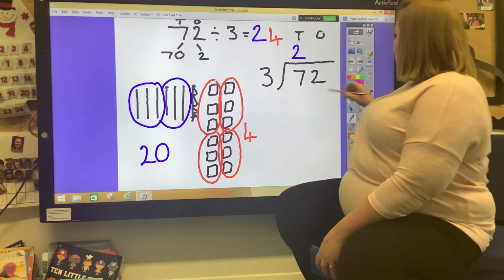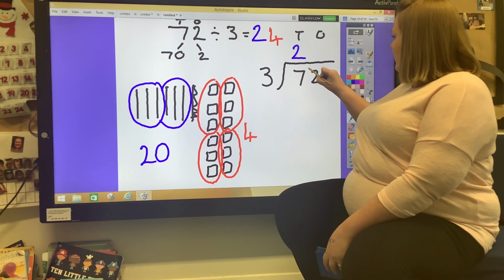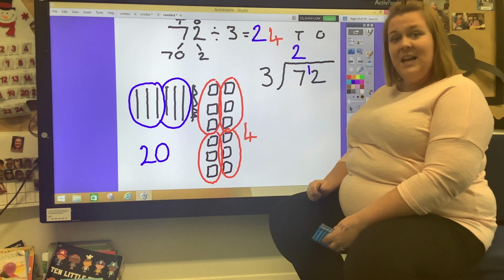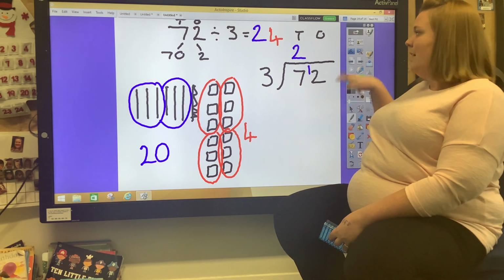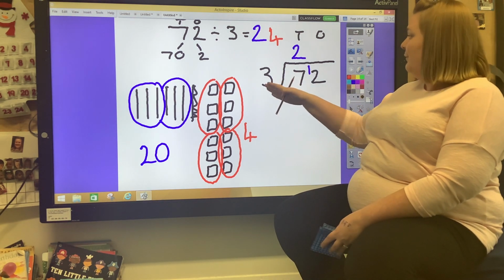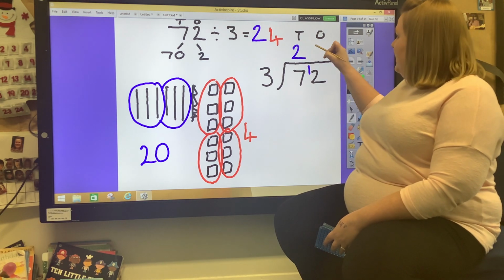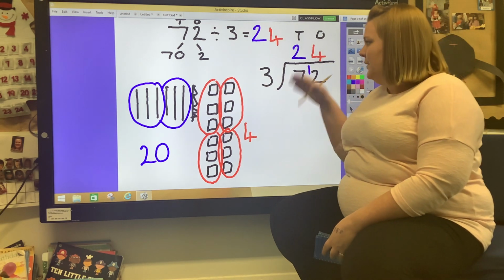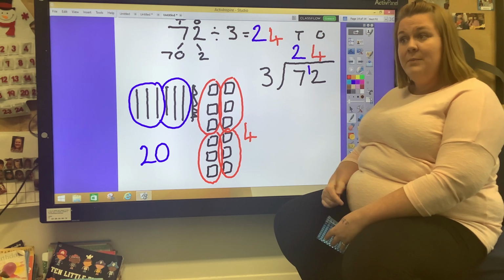I had 1 left over, which I brought to make 10 ones instead. So I've now got 12 ones instead of 2 ones. And then how many groups of 3? How many 3s can I fit into 12? 3, 6, 9, 12 is 4. And again, we'll colour code just to make the links between the 2 explicit. So we're moving towards that sort of method by the end of year 3.